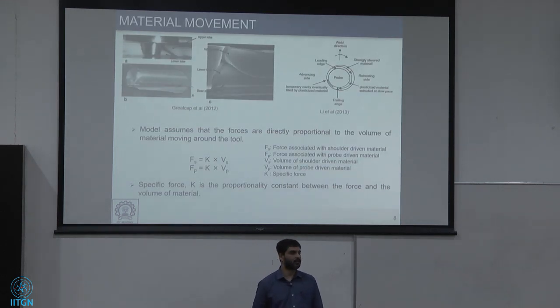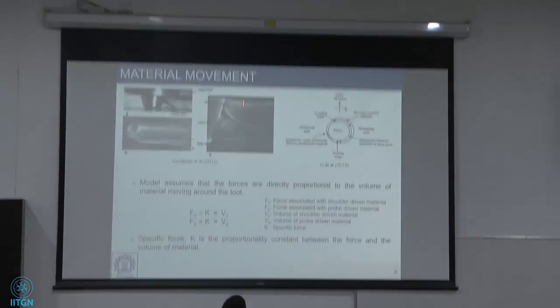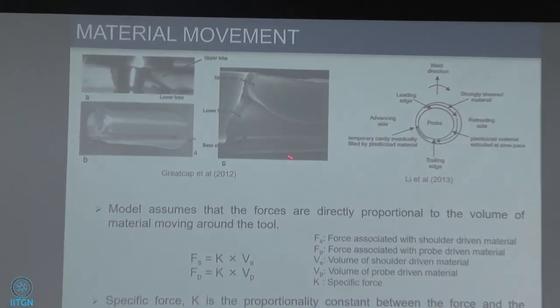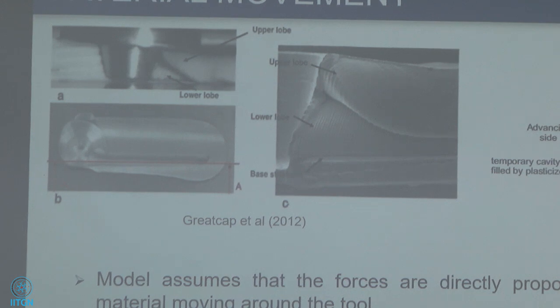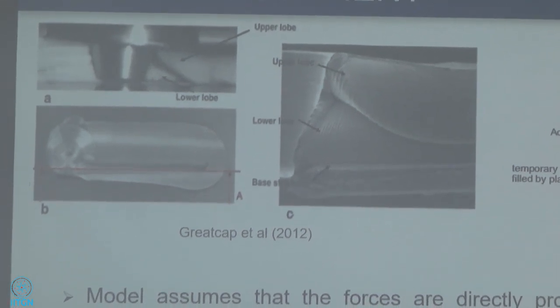So coming on to the subject of interest here, a quick look at the existing work performed by previous researchers very clearly indicates that during friction stir welding, material moves in two different regimes. There is an upper lobe and there is a bottom lobe. The upper lobe is primarily the material which is moving under the influence of the shoulder.